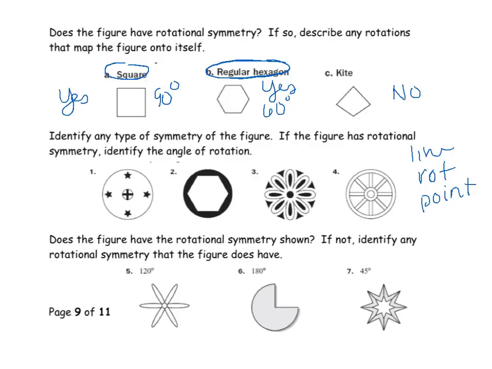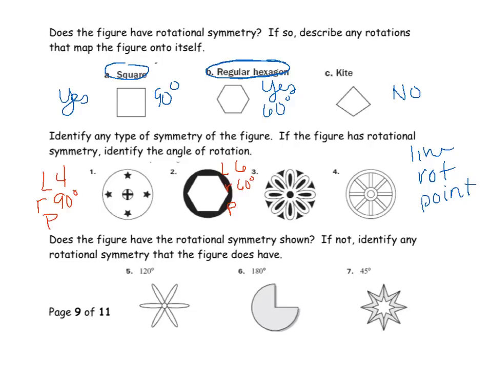All right, so number 1 here, it has line symmetry, and there are 4 lines of symmetry. It has rotational symmetry of 90 degrees, which means that it also has point symmetry. Number 2 here, it has line, and there are 6. It has rotational, and that is 60 degrees, and it has point also because 180 is a multiple of 60.